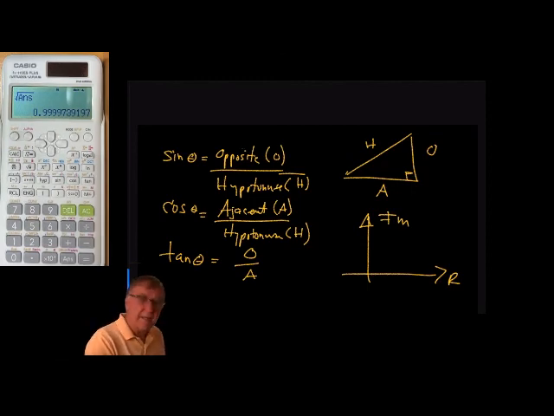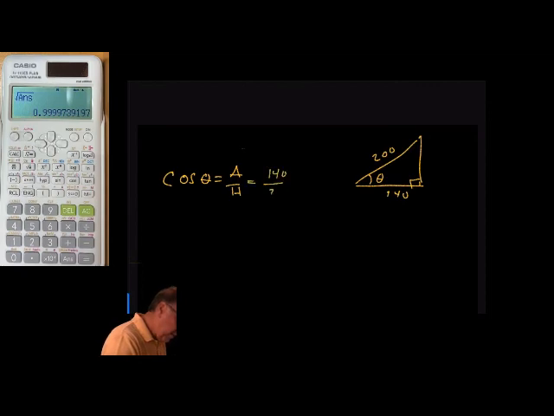So now let's look at an example. So we have a right triangle. It's 200 in length. That is the hypotenuse with an angle theta. The adjacent side is 140. So we can use the cosine of theta to solve for this. Cosine theta equals A over H equals 140 over 200.